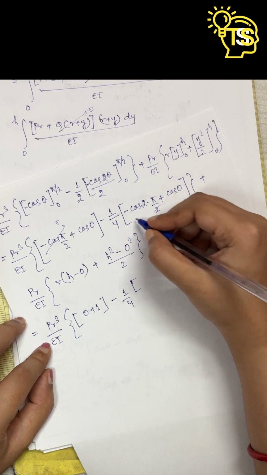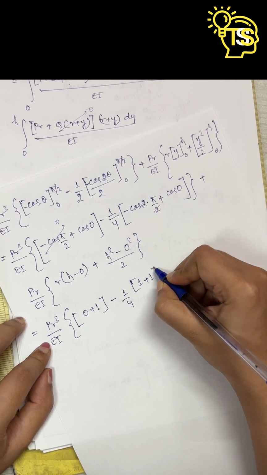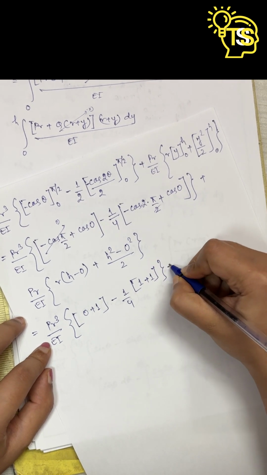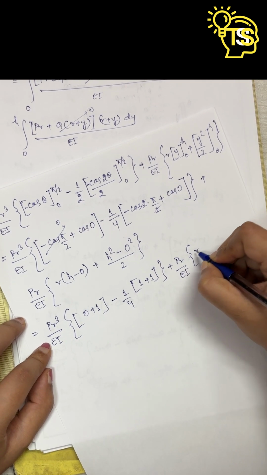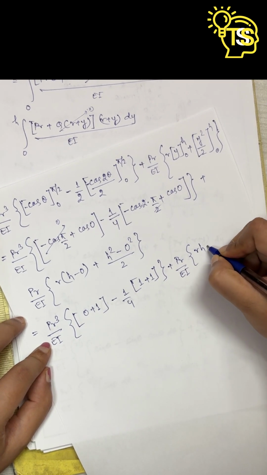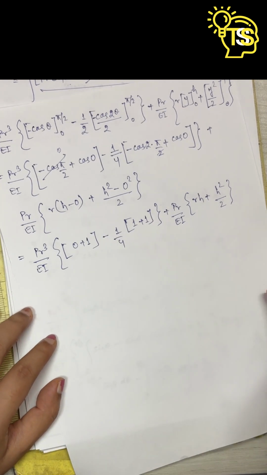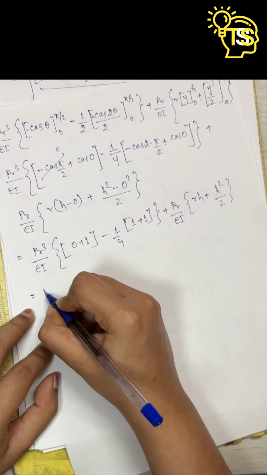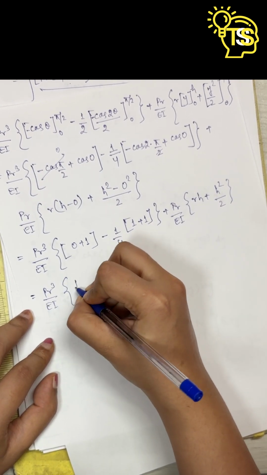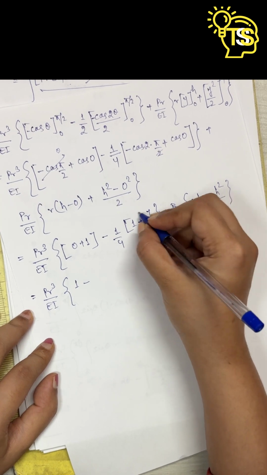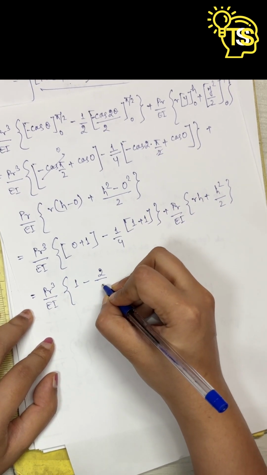So here the value will be 1 and the value of cos 0 is 1. Here the value we got is R h plus here the value we got is h square upon 2. Here the value is 2 and here we got is 2 upon 4.